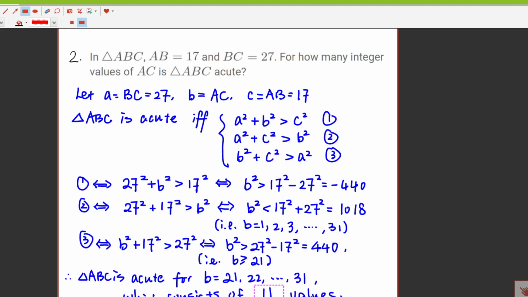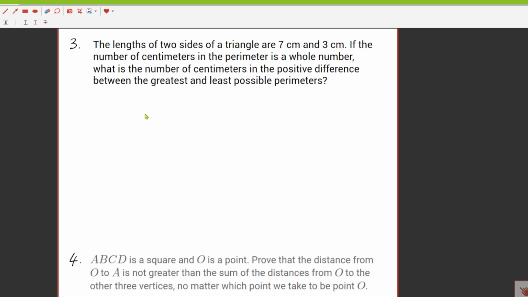Okay, have a look at the solution here and let me know if you have any questions, okay? Alright, if no questions, let's have a look at the next one.